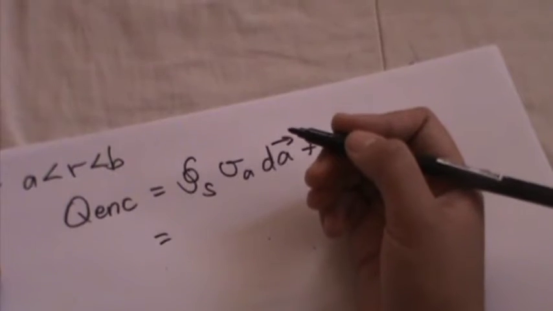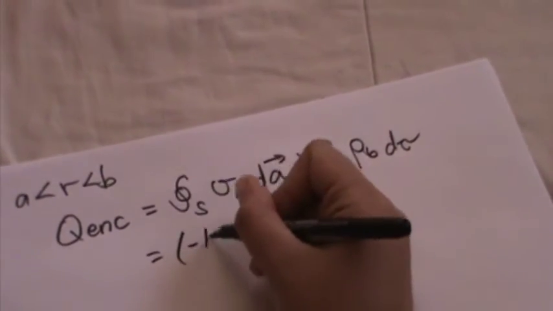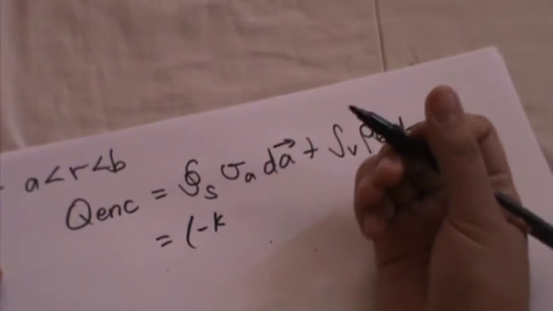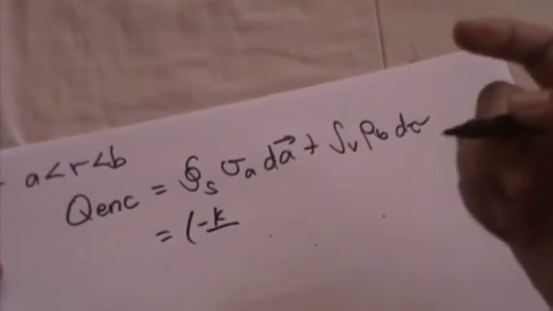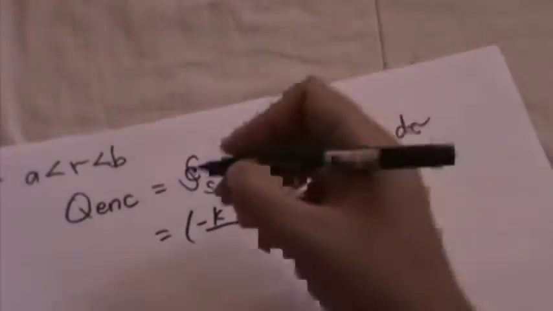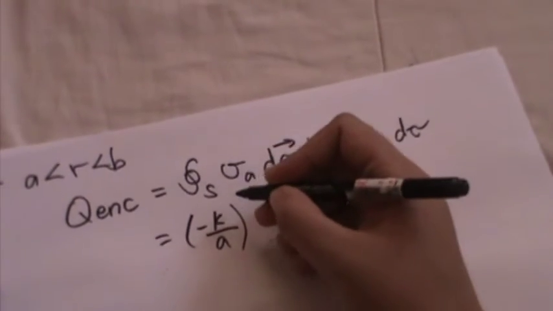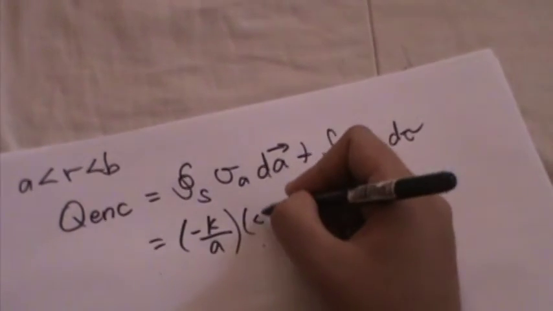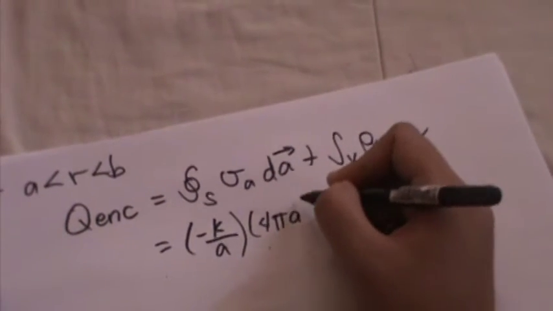From the previous calculation, the value of this one is negative k over r, or let us assume that r is equal to a, since we are dealing with a. And then the dA is 4 pi, instead of r we'll just put a squared.